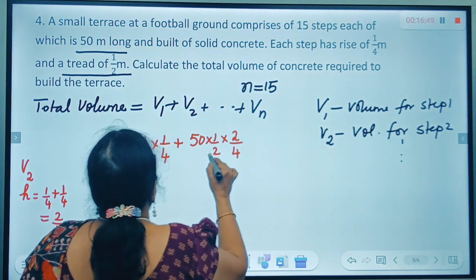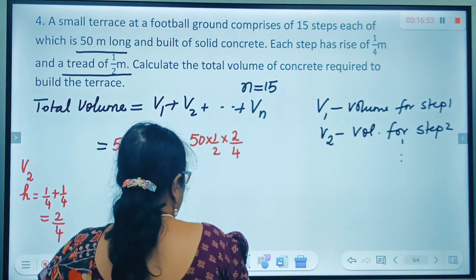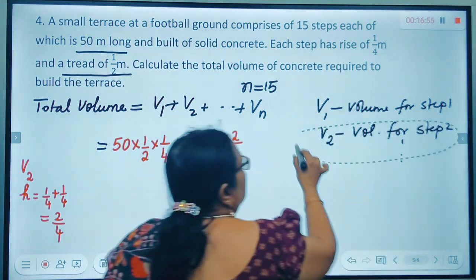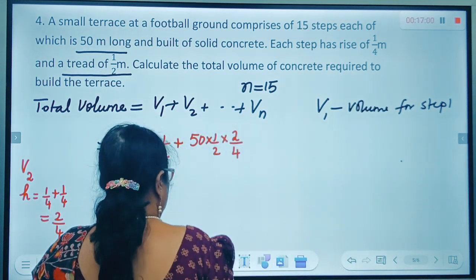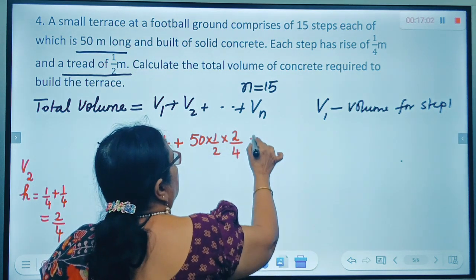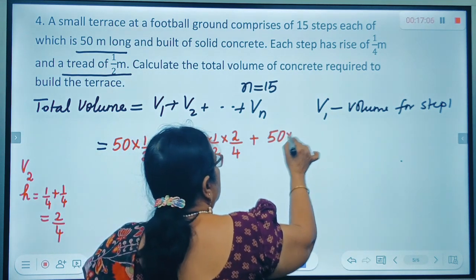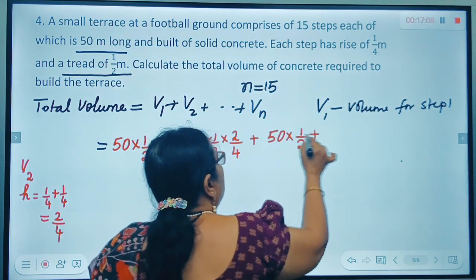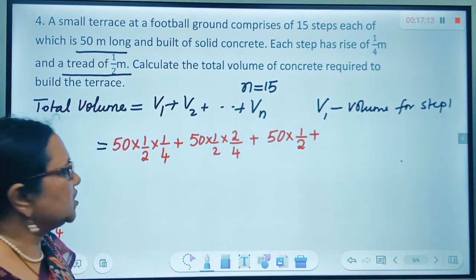Now plus, what will be V3? 50 into half, which is length into breadth. Height will be what? 2 by 4 plus again quarter. Half plus quarter is 3 by 4.